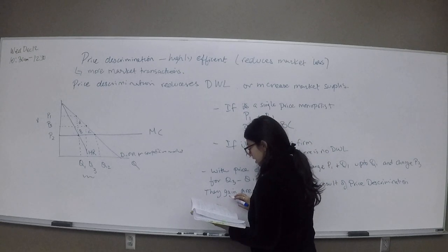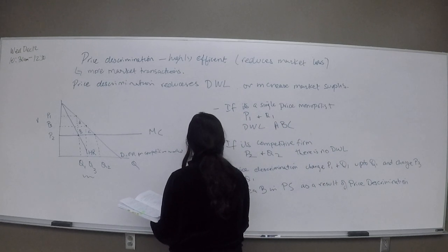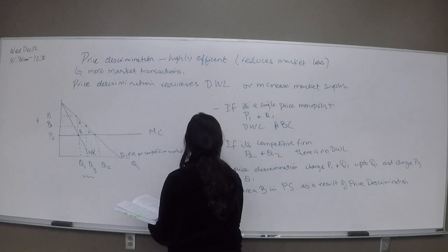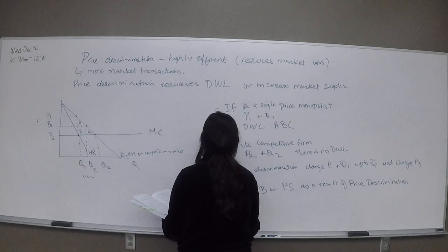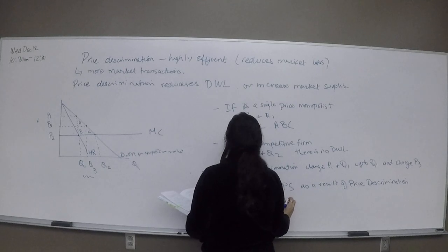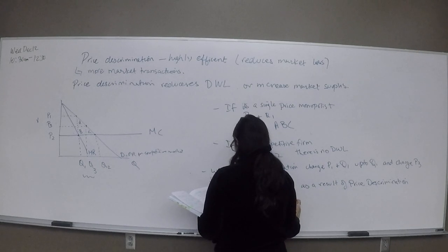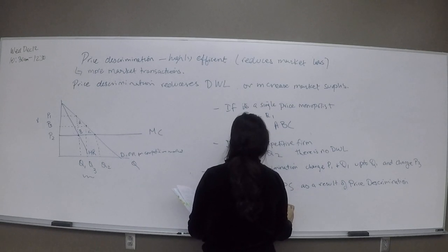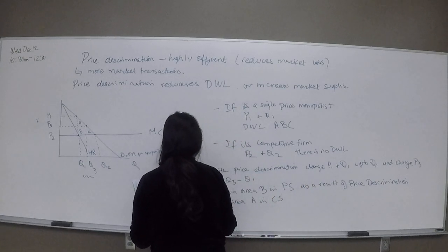And they gain area A in consumer surplus as a result of price discrimination.